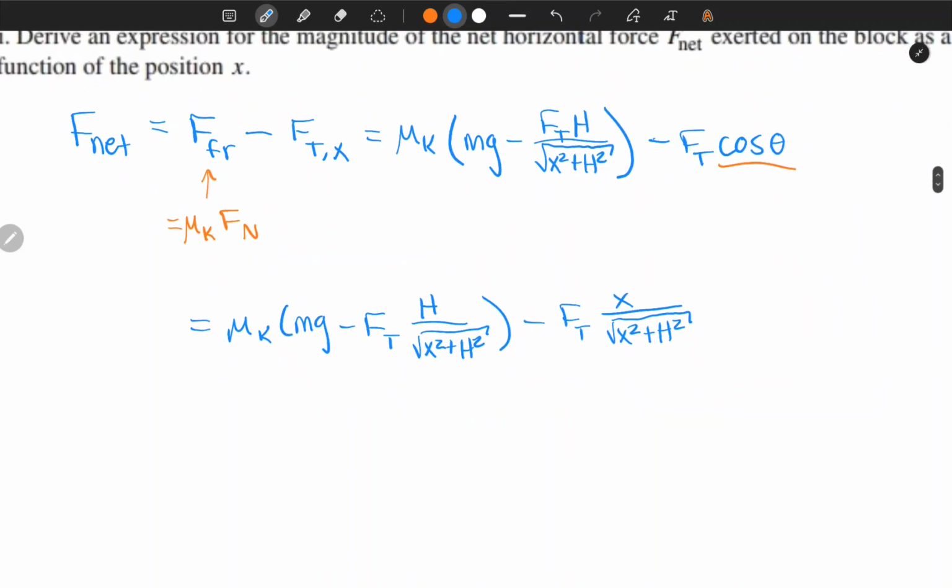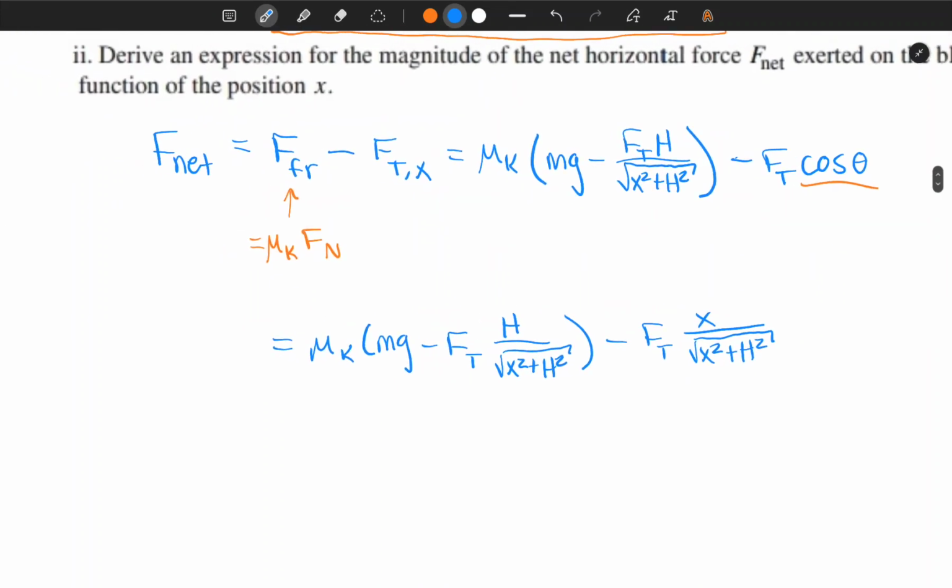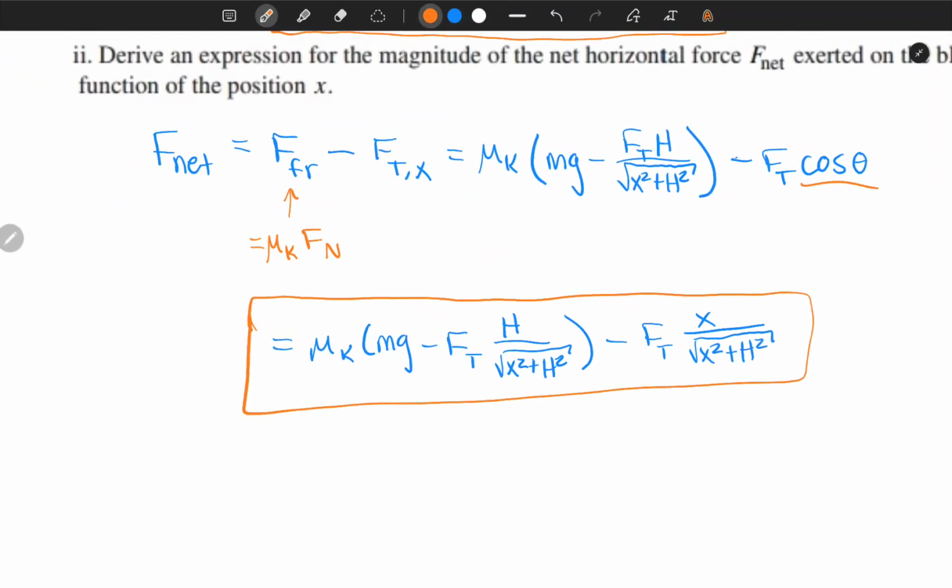So this is the solution to the problem. This is the net force in the horizontal direction.